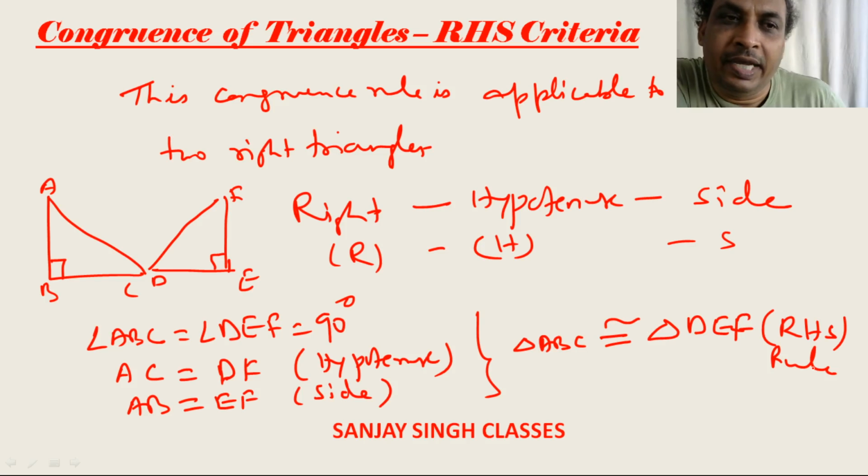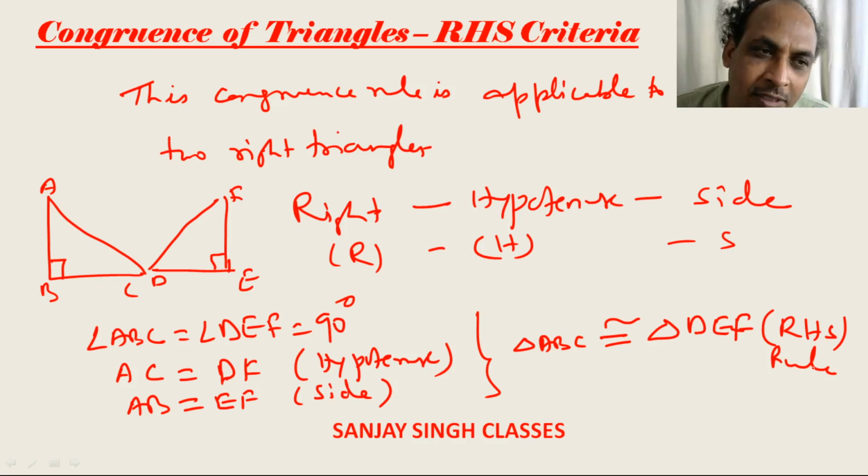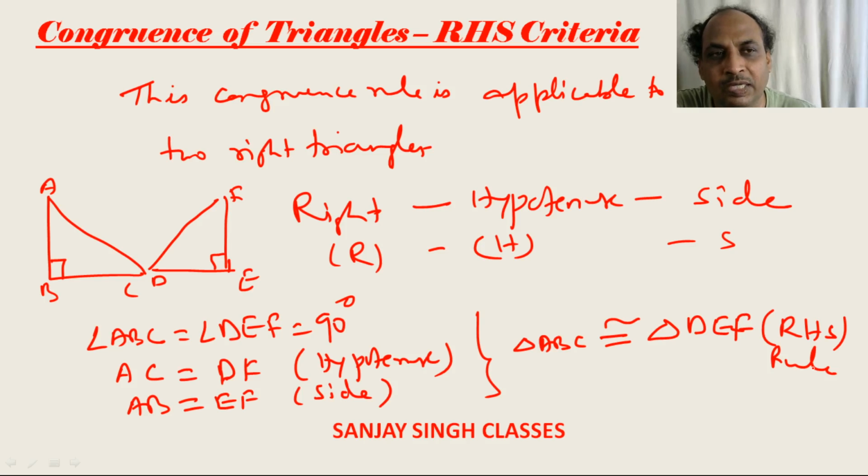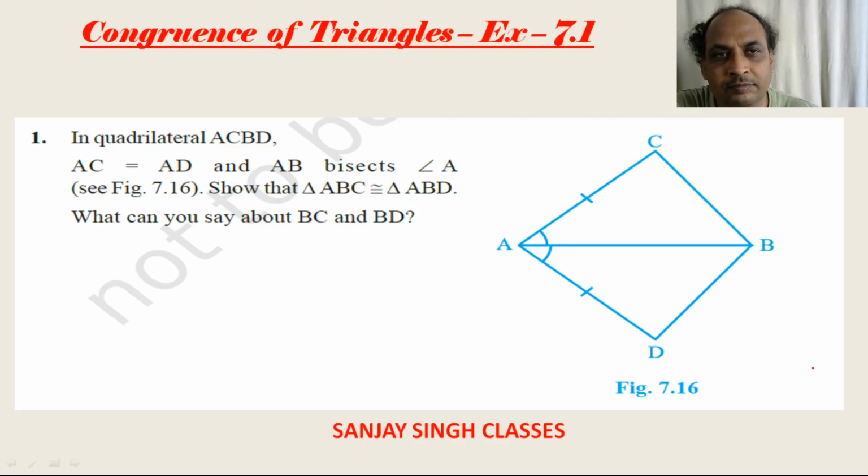So total 5 rules of congruence we studied, and now we will see how we are going to utilize all those 5 rules. Especially for RHS and SSS, we will utilize another exercise.